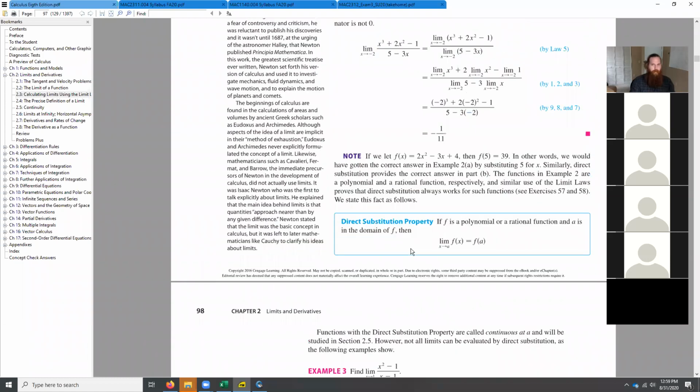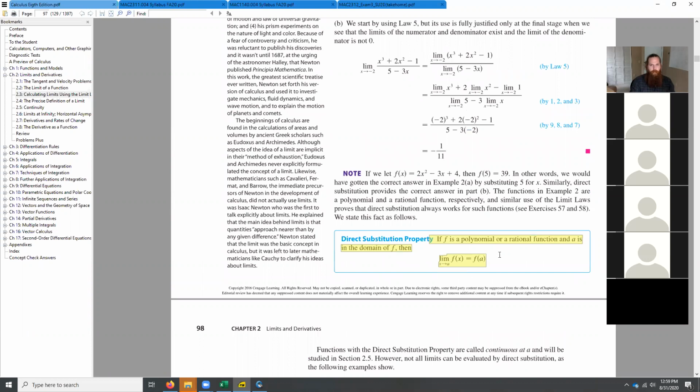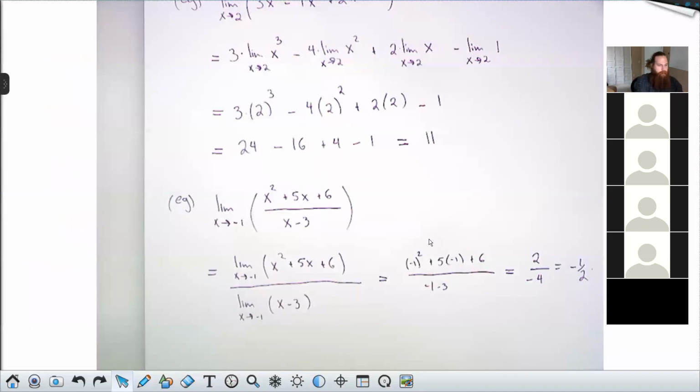Yeah, so here's essentially what they're saying. If f is a polynomial or rational function, you can call this a theorem if you want.